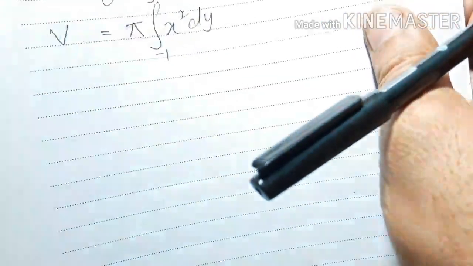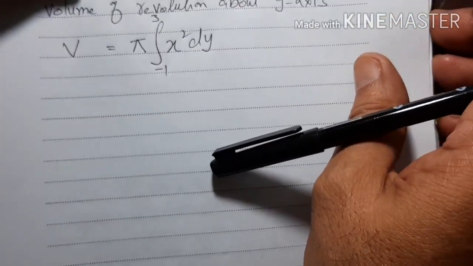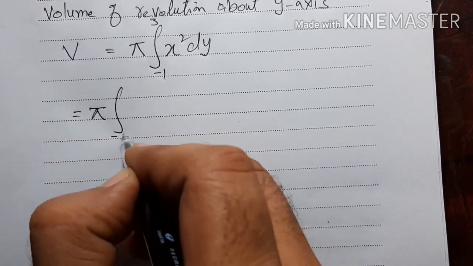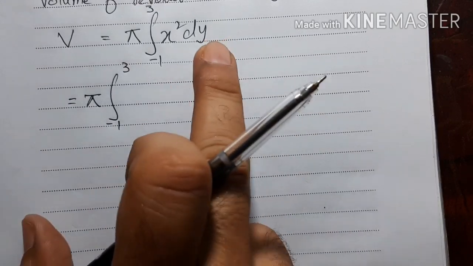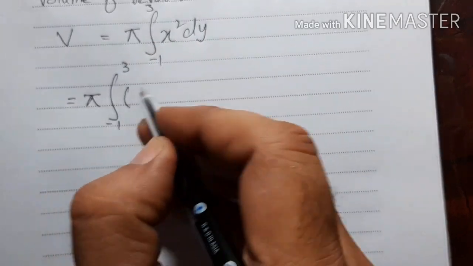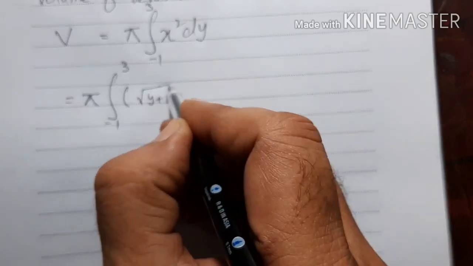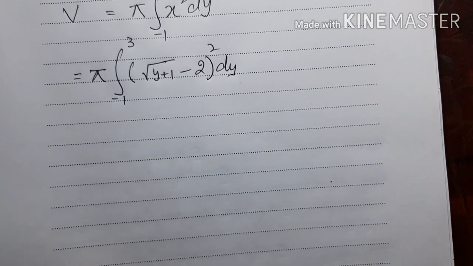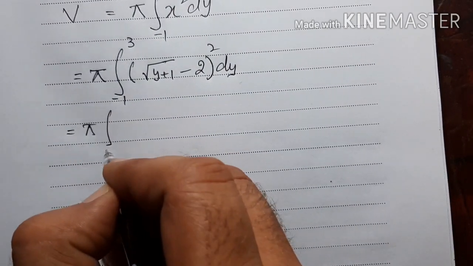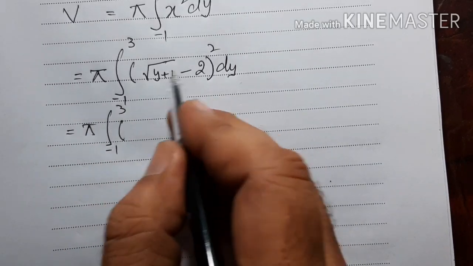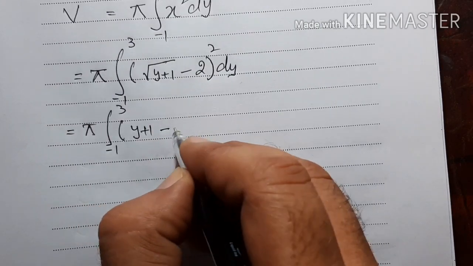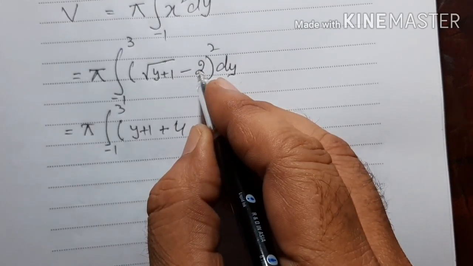So it will be π ∫ from -1 to 3 of x², I'll use the square of x, which is (√(y + 1) - 2)² dy. Okay, so I'll open the square, using (a - b)² = a² - 2ab + b².